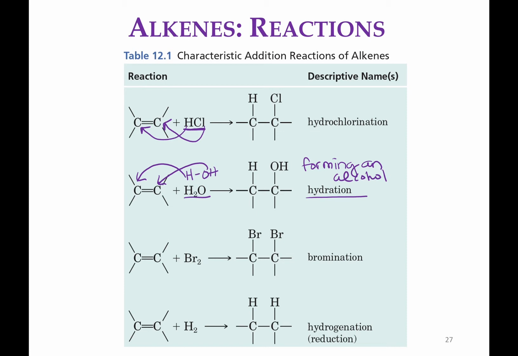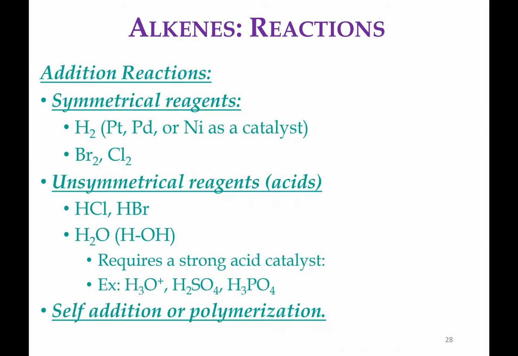Bromination, we have Br2, so these are symmetrical. Addition, so we have one Br going to either side, and then down here with hydrogen, we also have a symmetrical addition. We have hydrogenation, hydrogen going to both sides, forming a single bond. Symmetrical reagents. So when we add hydrogen and bromine and chlorine, we may or may not need a catalyst depending on what's reacting.